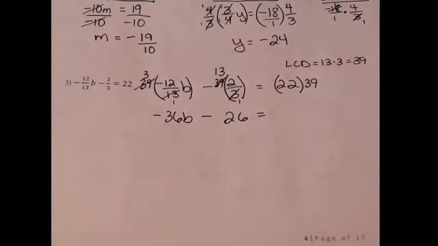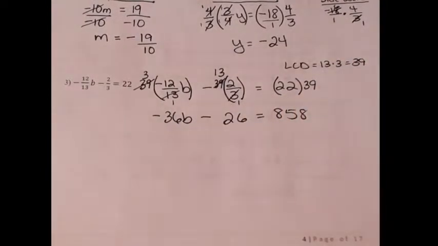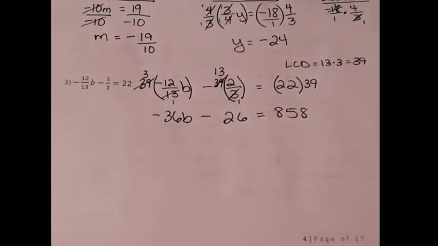Lastly, we see that our paper reads 22 times 39, and that's going to give us 858. This is going to be an incredibly useful strategy to use. Anytime you have an equation with at least one fraction, we can multiply by the LCD to cancel fractions.